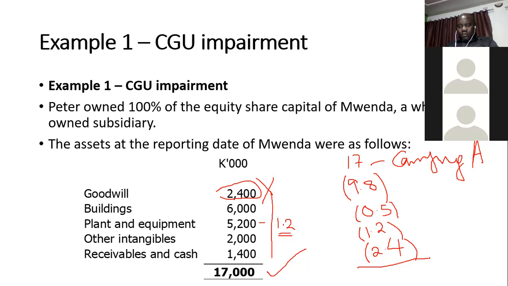I'm seeing 3.1. So this is the impairment that we're going to take.